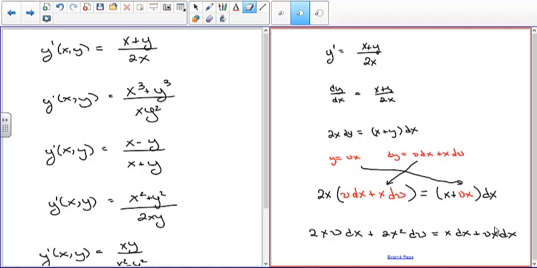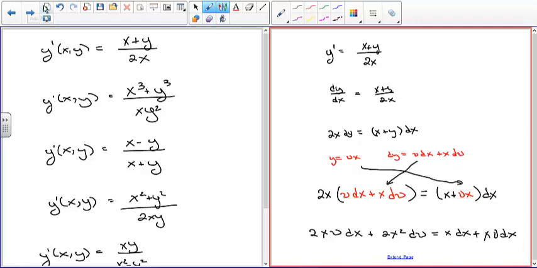Or I guess x nu dx. Let's put the x first. I don't have x squared, I just have x. I don't know why I did that. Fix that. Okay. That's the hard part about these, just the algebra. So x nu dx is the same right there.